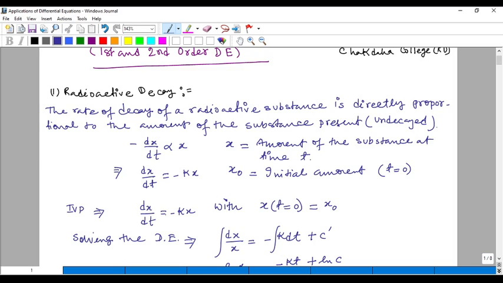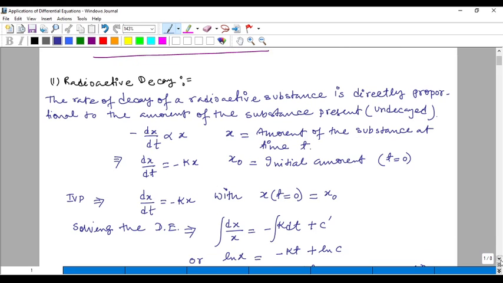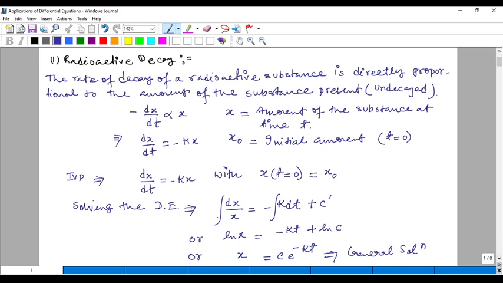That is why time is the independent variable, and at t equal to 0, the value of x is x0. This is the initial amount. Now we have to solve this initial value problem and calculate the expression of x, that is, the amount of the substance at time t.